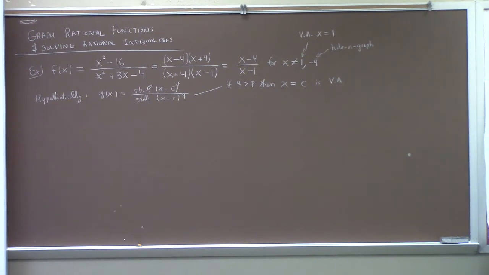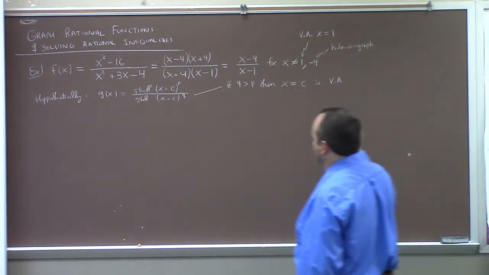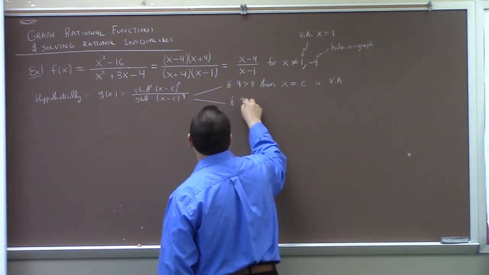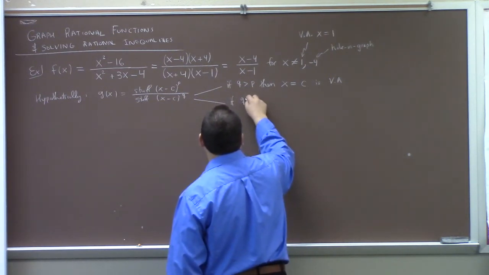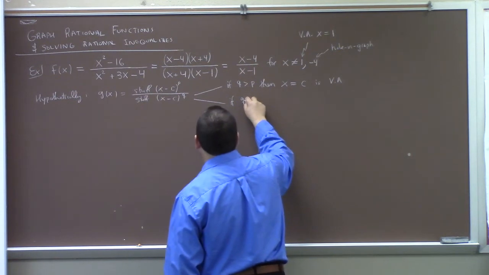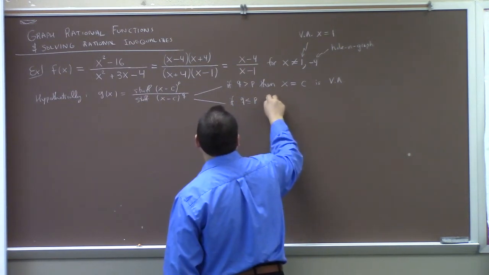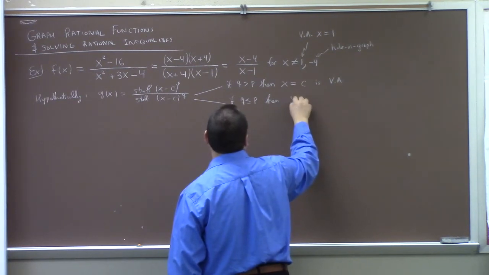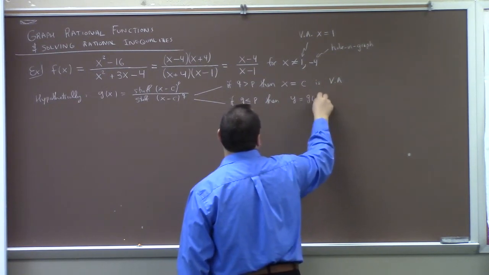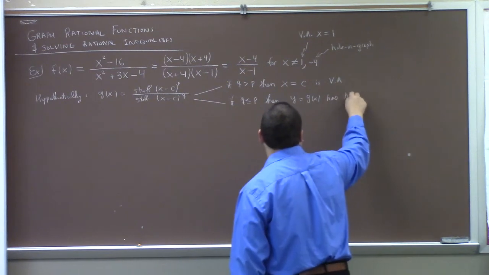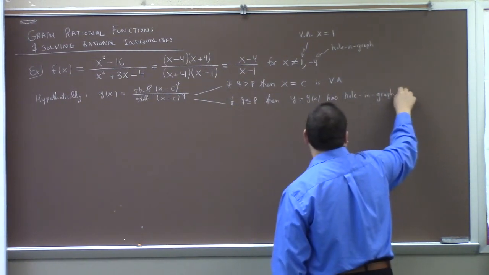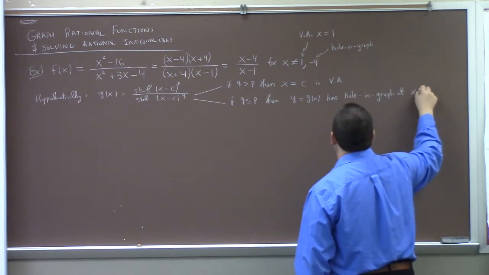On the other hand, if q is less than or equal to p, then y equals g of x has a hole in the graph at x equals c.